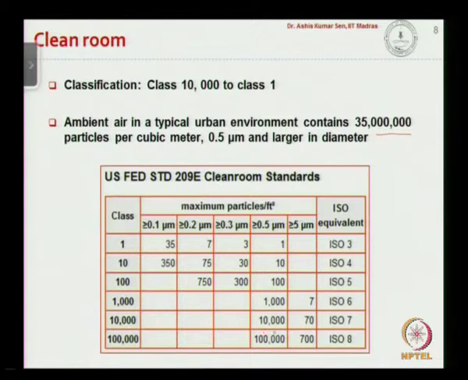A class 10,000 would contain 10,000 particles greater than 0.5 micron per cubic foot of air, and a class 1 would contain only one particle greater than 0.5 micron per cubic foot of air. That is the level of cleanliness we talk about when we talk about clean rooms.